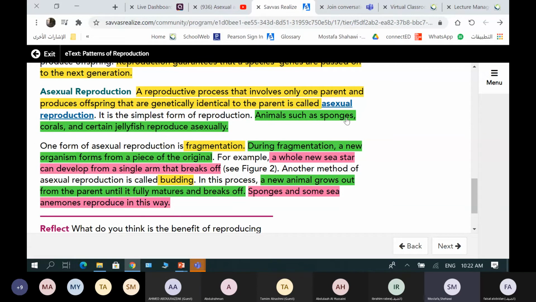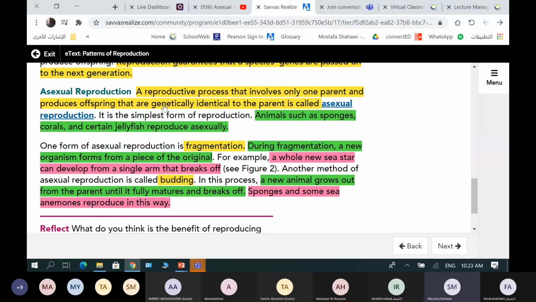Sponges, corals, and certain jellyfish reproduce asexually, and also hydra reproduce asexually, and the bacteria and euglena. A lot of unicellular organisms reproduce asexually. Some plants reproduce asexually, like spider plant and strawberries.